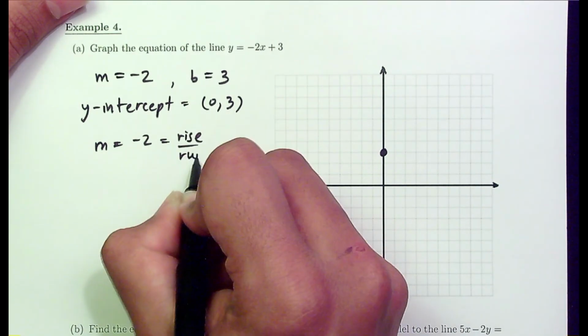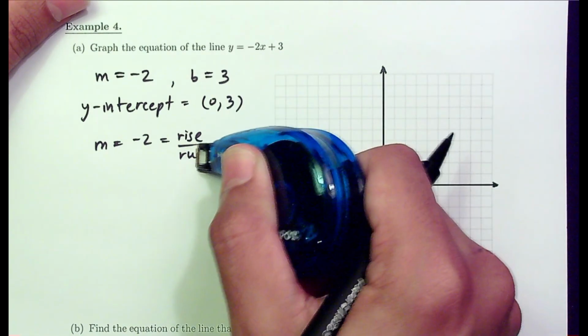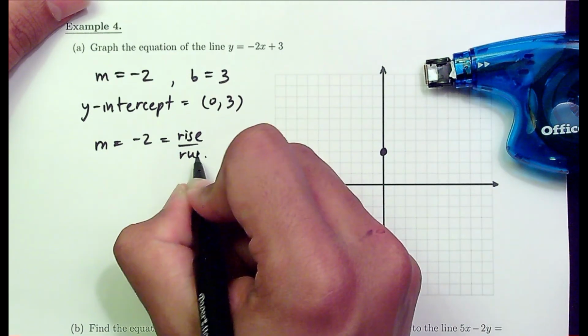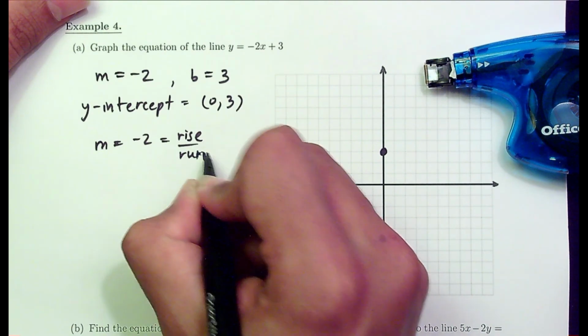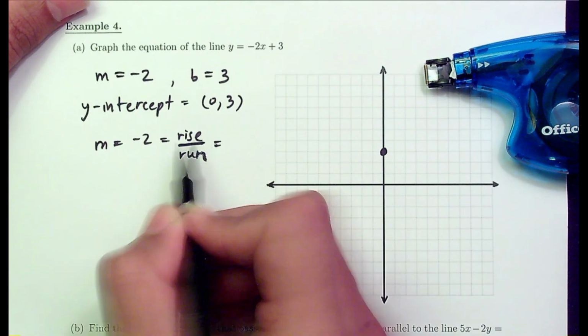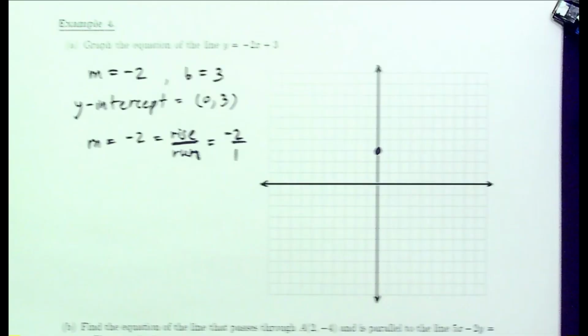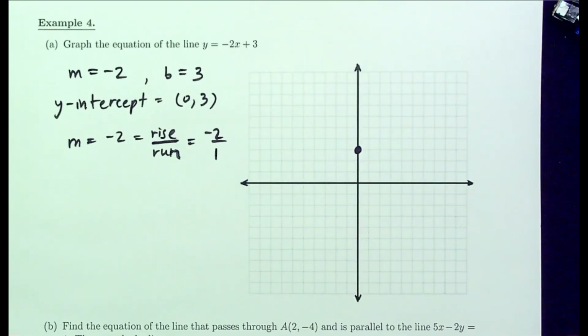You have to interpret it as a fraction. If it's already a fraction, then good. If it's not a fraction, think of it as a fraction. So I'm going to think of negative 2 as negative 2 over 1.